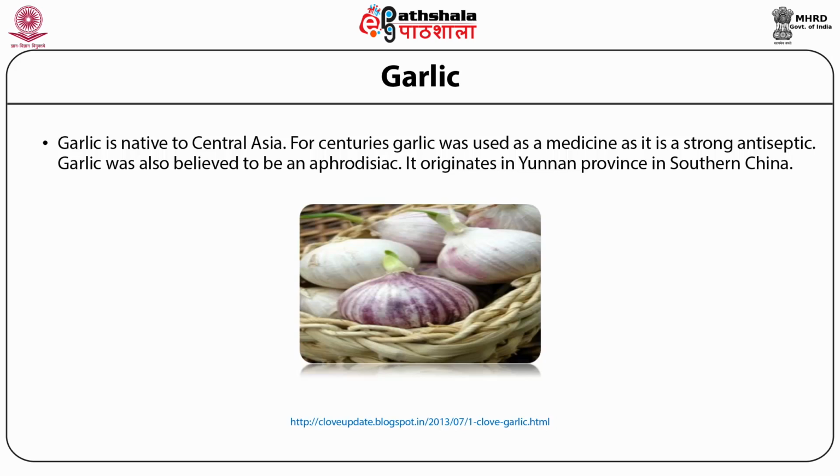Useful part is the bulb, 4 to 20 bulbets in a single clove. Pungent aroma is caused by cellular disruption due to sulfur-containing allicin. Culinary uses include almost all Indian foods except desserts.